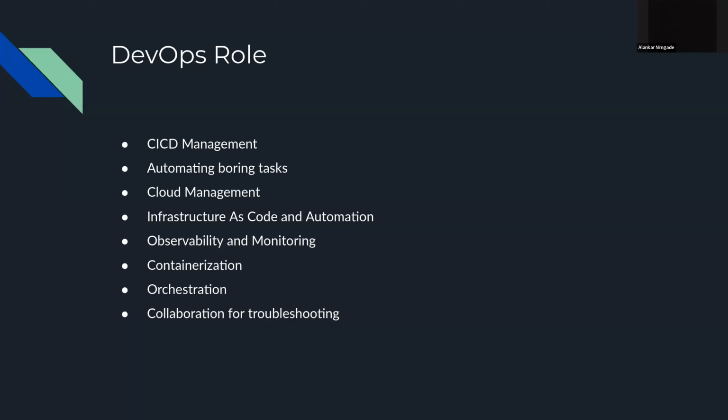Another is collaboration for troubleshooting. As I said previously, you need to work with the development team and understand how the application works and behaves. For that you need to collaborate with the development team and resolve issues in production really quickly.